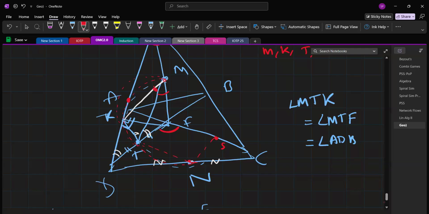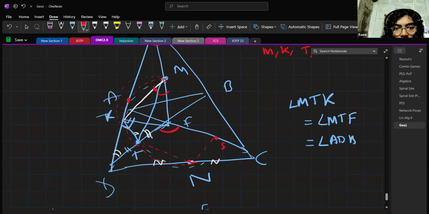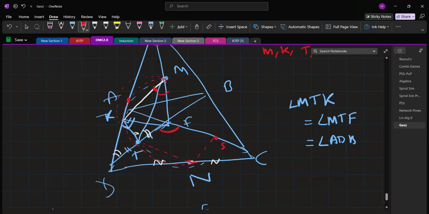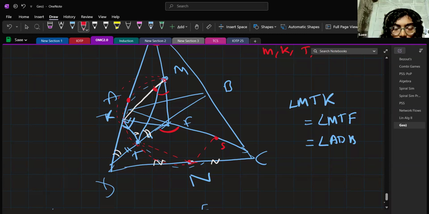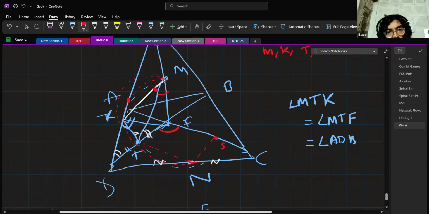Now it should be doable because that midpoint and N we have, so everything's midpoints now. We want to prove that MKF is isosceles. That is true, yes, because MK is equal to MF.